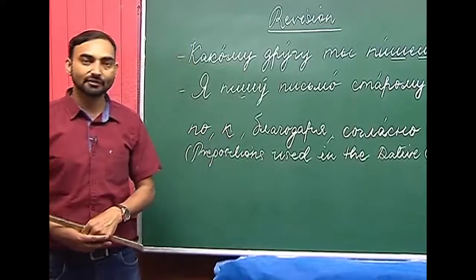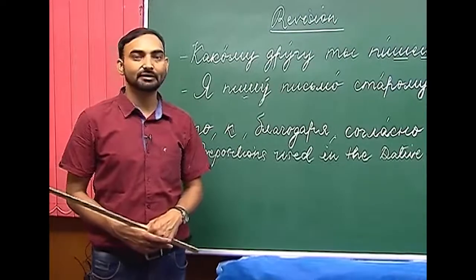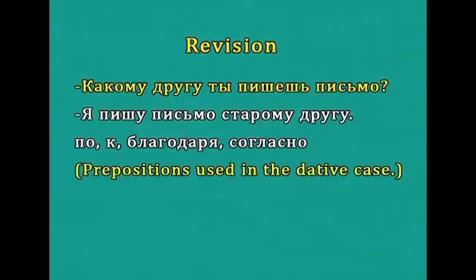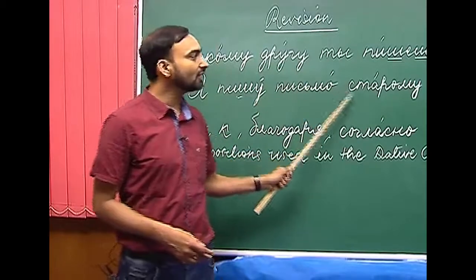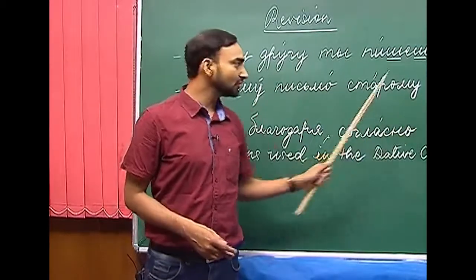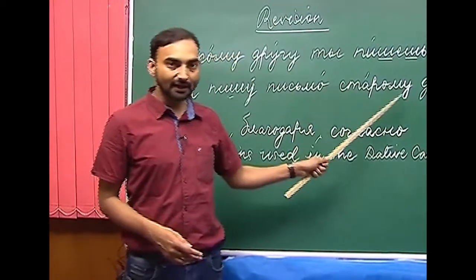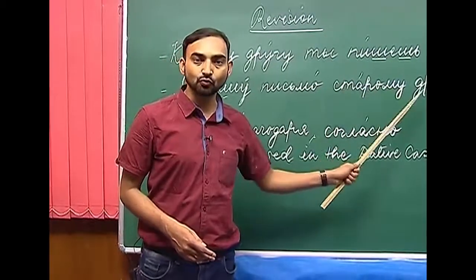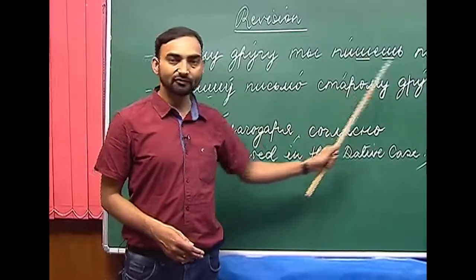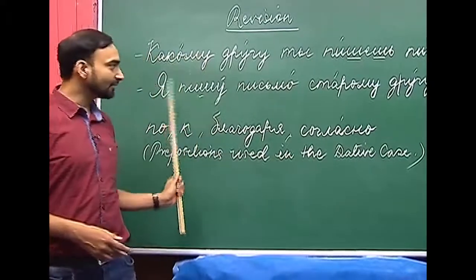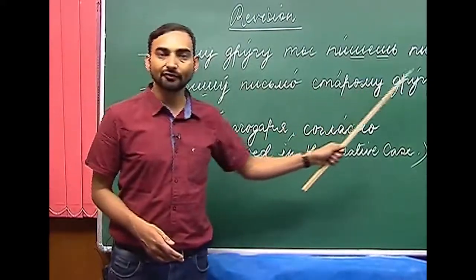And how do you answer this question? You have to use the adjective in the dative case. Ja pišu pismo staramu drugu. So, here as you can see, stari has become staramu, old friend. So, I am writing a letter to an old friend.